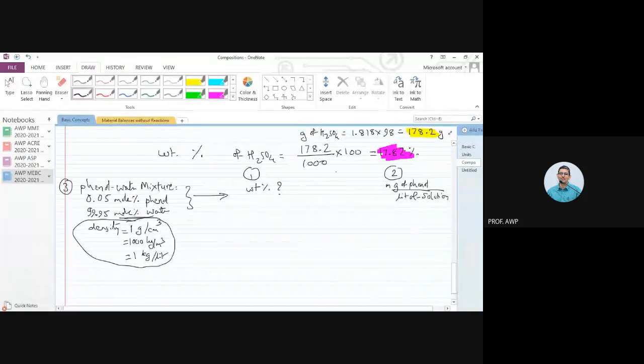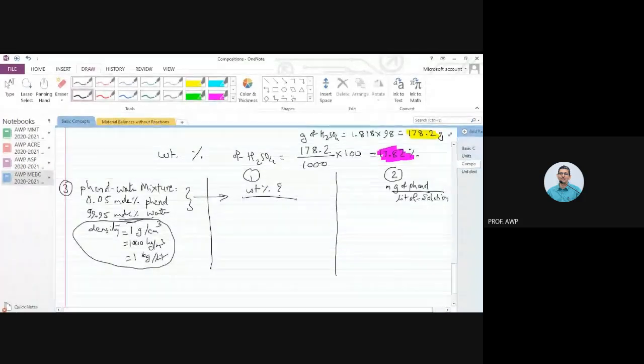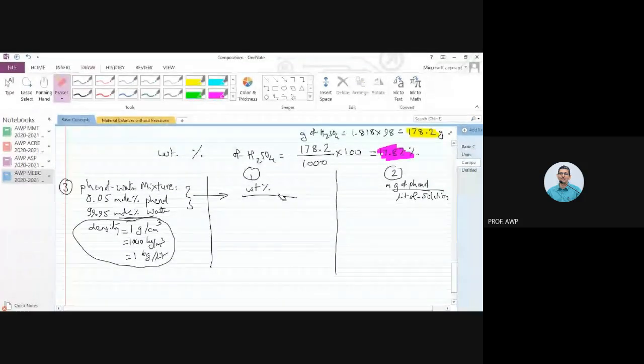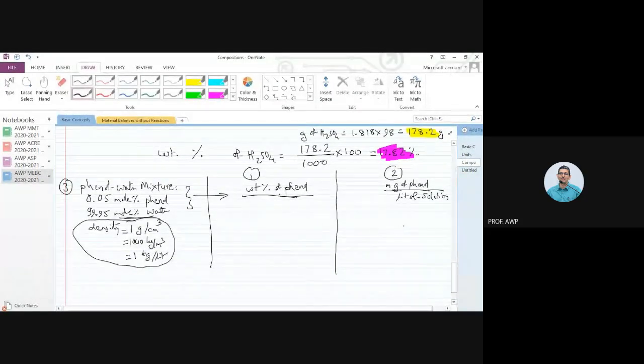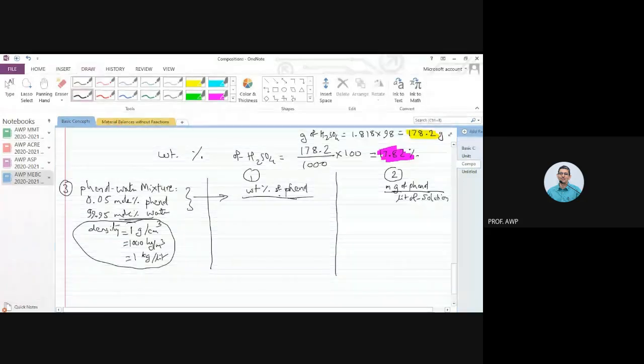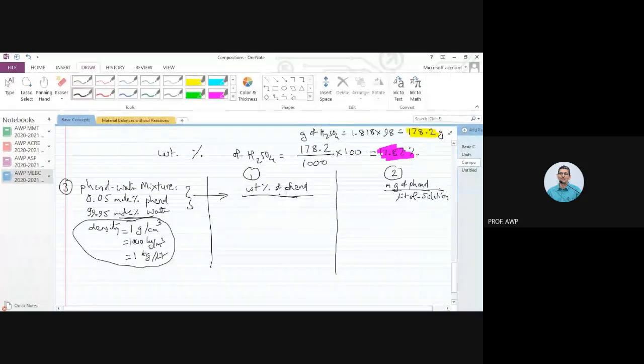Okay, I would like you to convert it into weight percent. What is the weight percent of phenol? And how many milligrams of phenol are present per liter of solution? Instead of gram moles, it is grams per liter. That's one more way of representing composition.